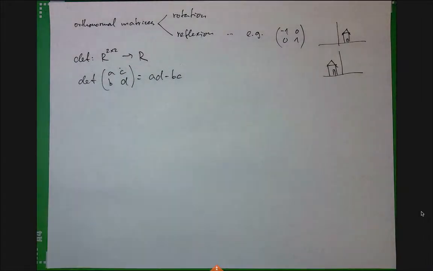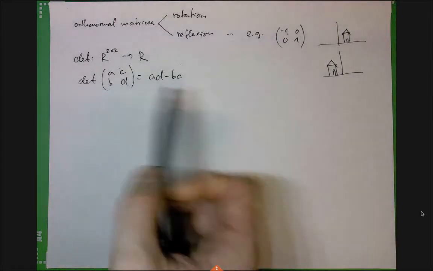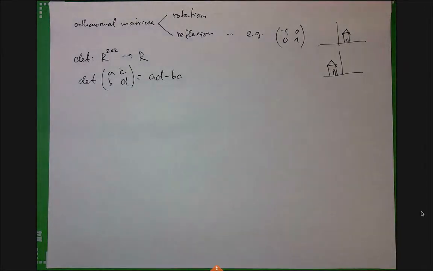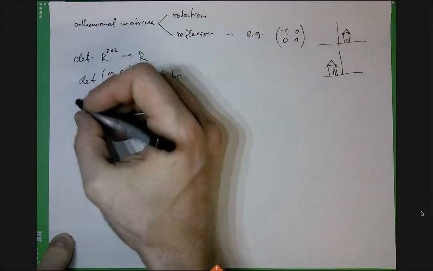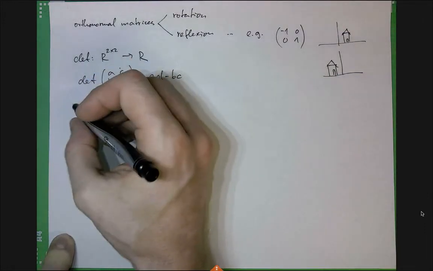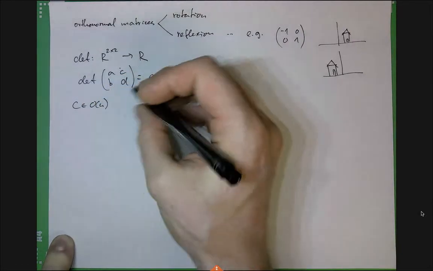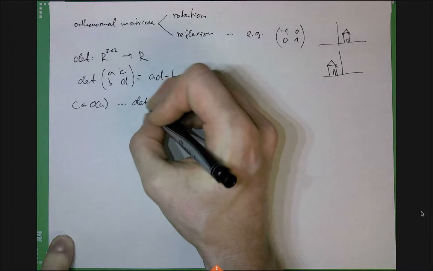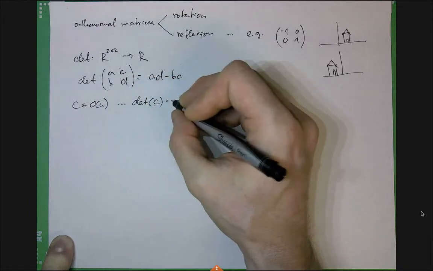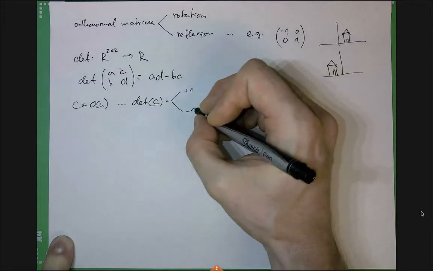It gets a little more complicated for higher dimensional matrices. For 3x3 it's still relatively simple, but for 4x4 these formulas get a bit funny. One property that's true for an orthonormal matrix: if C is orthonormal, then the determinant of C is either +1 or -1.